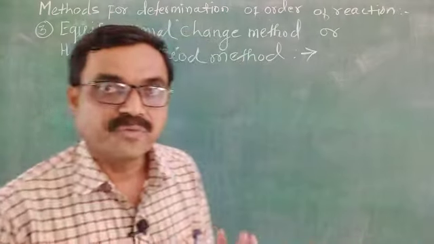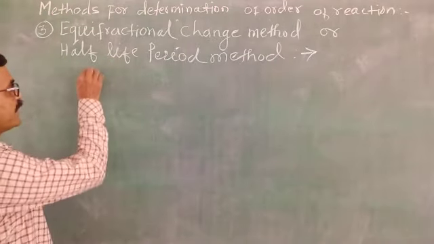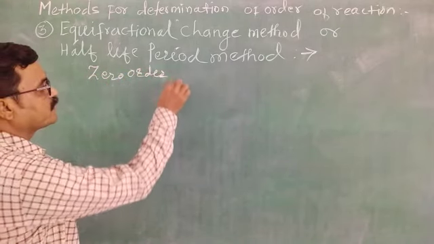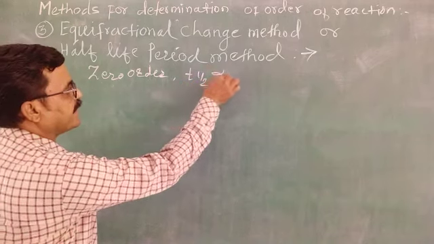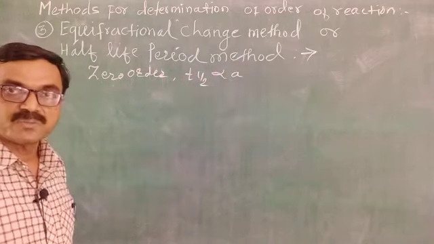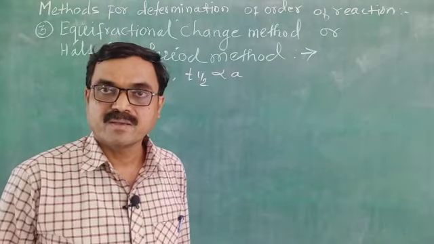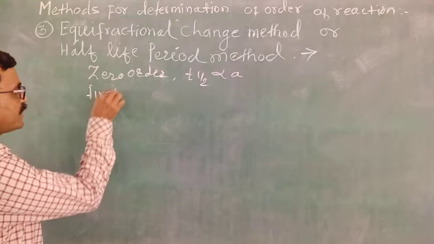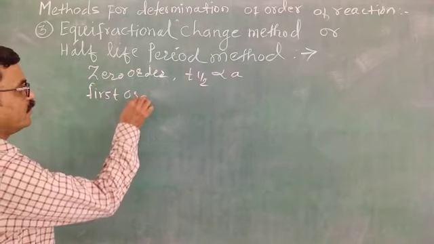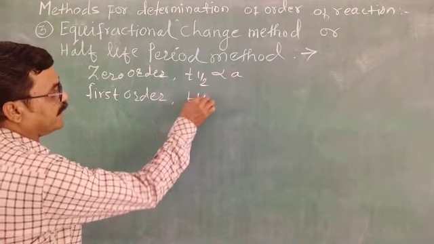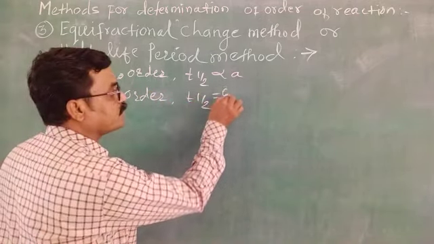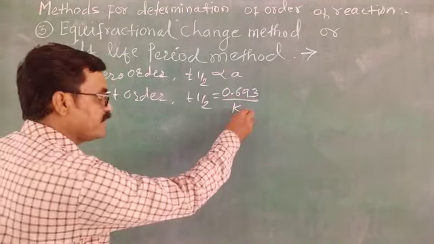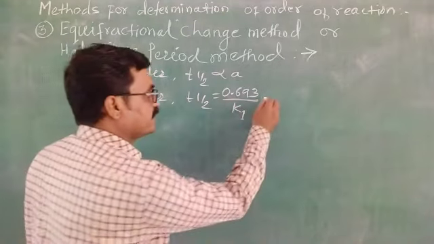Means if we have a zero order reaction, we proved that this half-life period is directly proportional to the initial concentration of the reactant, that is A. Again we proved that for a first order reaction, the half-life period is constant and it will be 0.693 upon its rate constant, where K1 is the rate constant of the first order reaction, and this is nothing but constant.